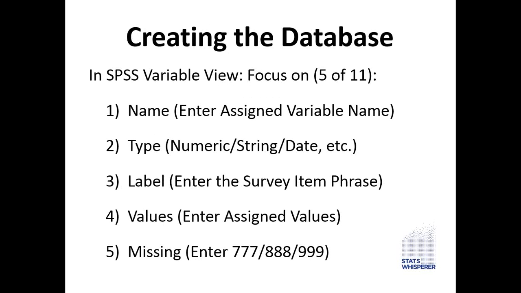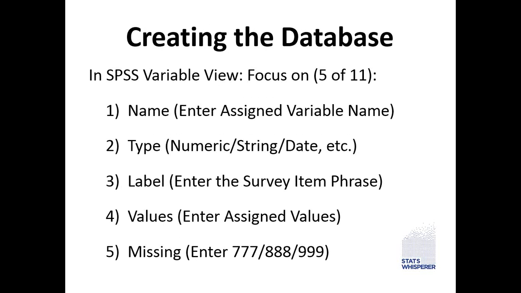So you'll see when we go into SPSS variable view that there are going to be 11 areas to complete for each variable. There are 5 areas within the 11 that we call primary, as in, if they're not done correctly, you can't actually do the study.